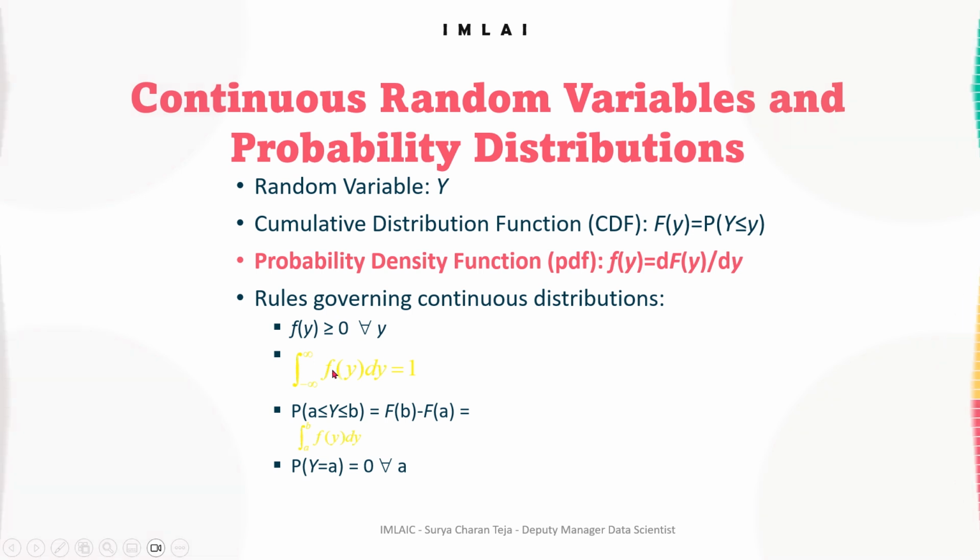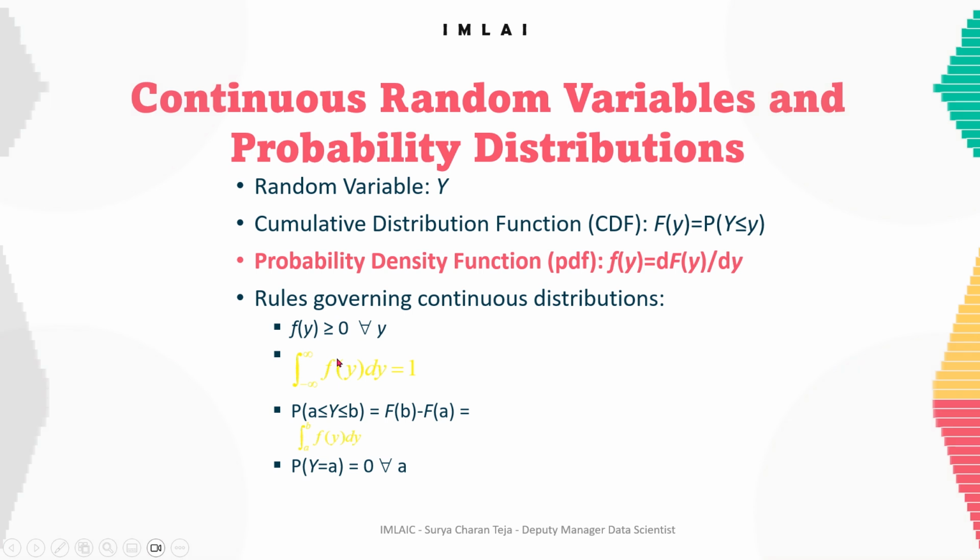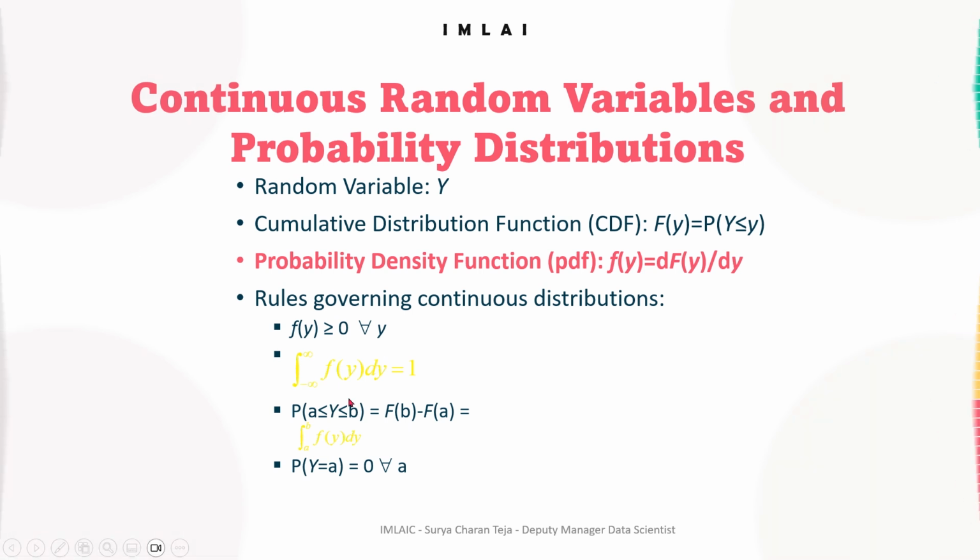So d of F of y by dy multiplied by dy, the dy gets cancelled, and the integration of it will become capital F of y. In that you can replace the limits. When you replace both the limits, it will become F of b minus F of a.